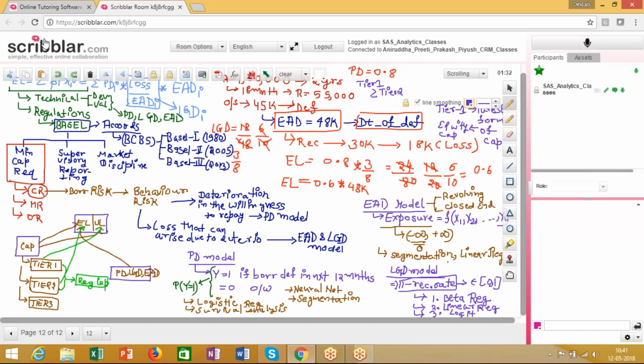So the LGD for a retail product and the LGD for a commercial product would be different. The EAD for a revolving product and the EAD for a closed-end product would be very different.